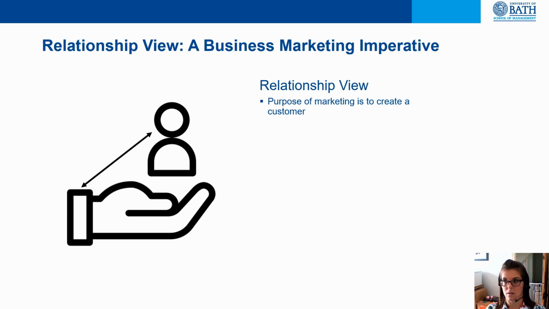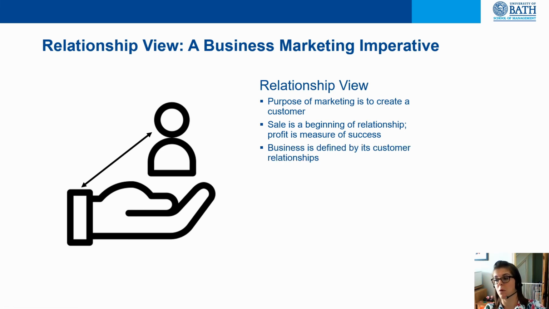There's a difference. You're focusing on the human rather than the exchange of cash for product. That customer is the beginning of the relationship, and profit is the measure of success: customer lifetime value, a long-term approach. If the sales and transactional orientations are the short approach, this is the long-term approach.